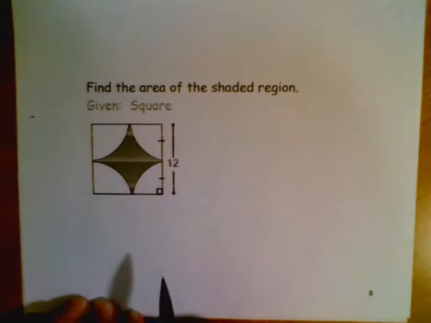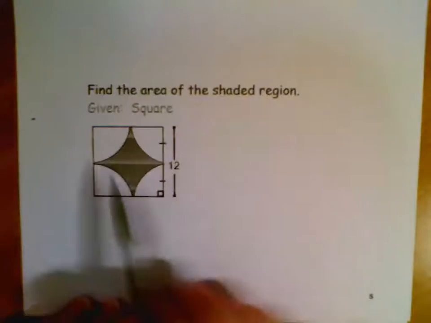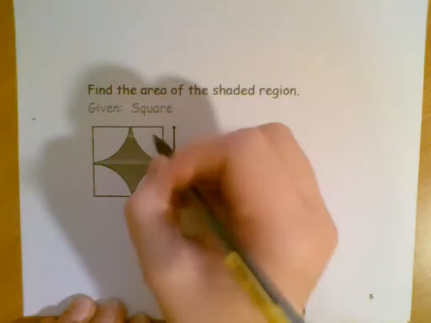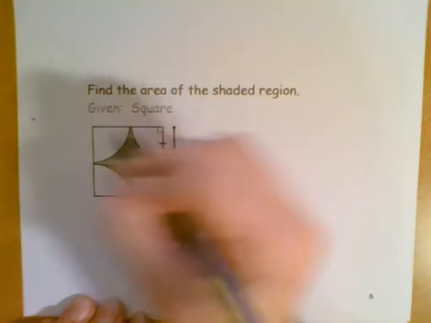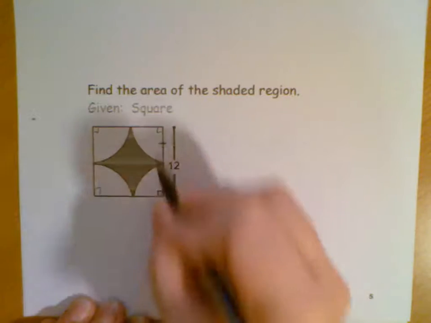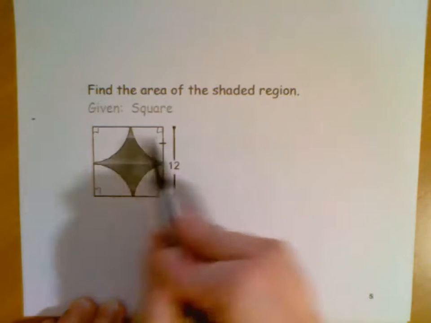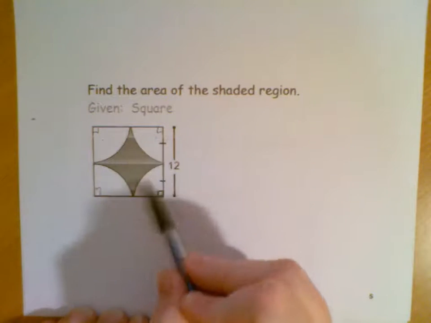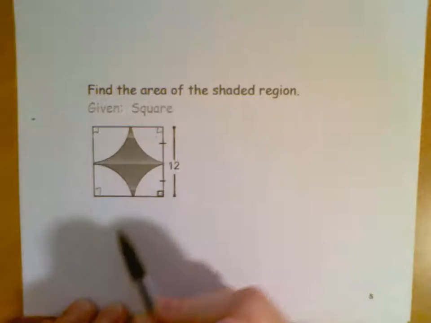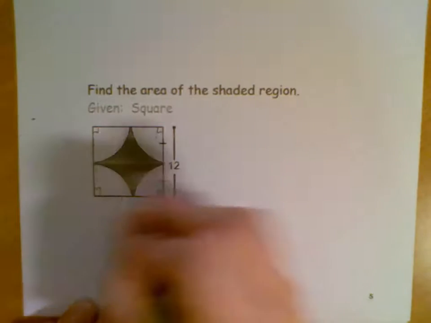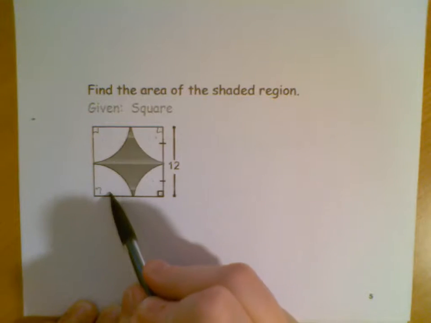Okay, let's try another one. On this one, we're finding the area of the shaded region. So again, you have to think about if this is a square, these are all 4 right angles. So together, these make half a circle, and these make another half. So you're essentially taking a square and cutting out a circle.